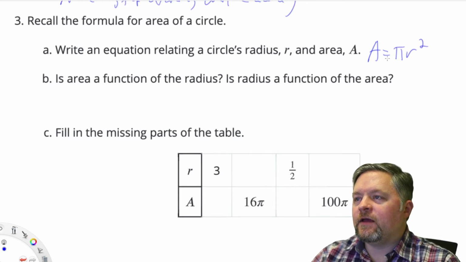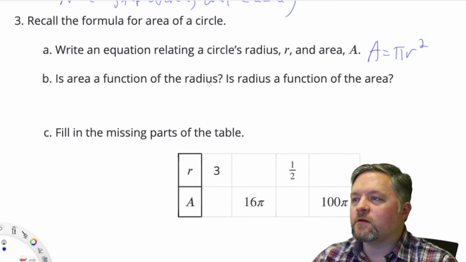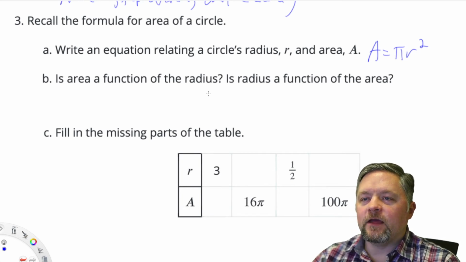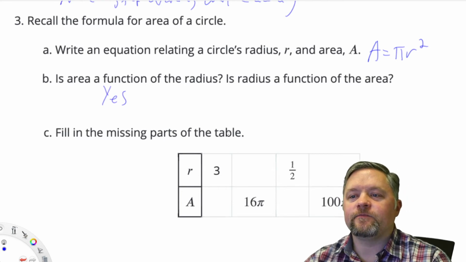So if we have a radius of 1, the area is 1 squared, which is 1 times pi. The area is pi. If the radius is 2, 2 squared is 4, the area would be 4 pi. Is area a function of the radius? Yes, it is.